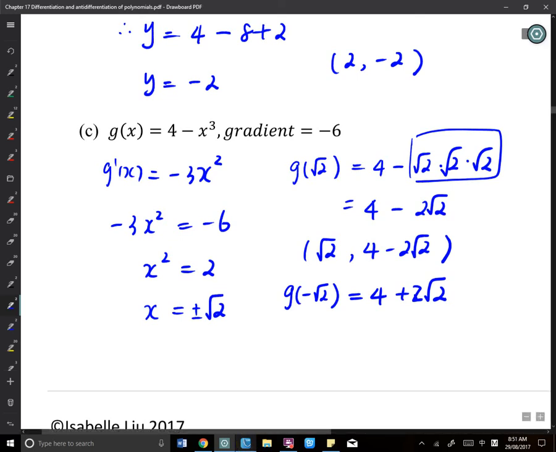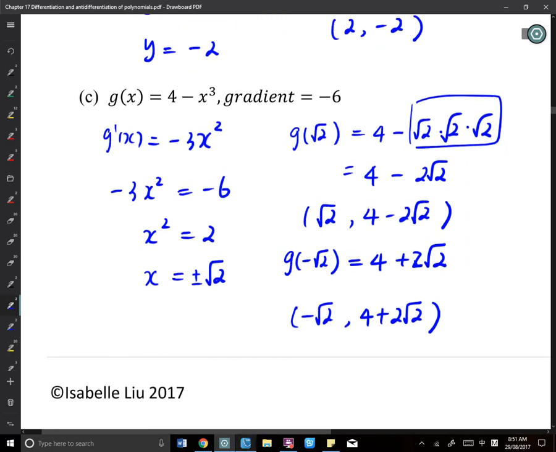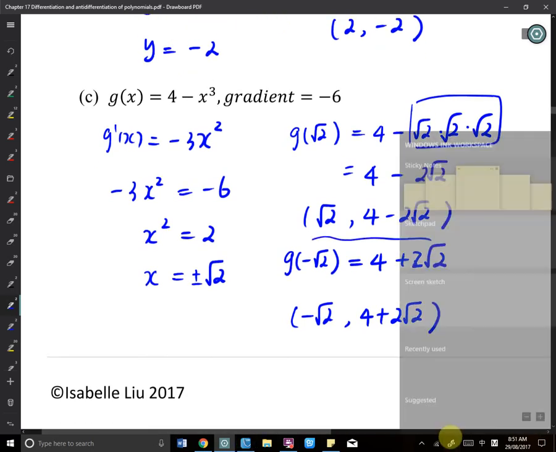So that is negative root 2, 4 plus 2 root 2. Okay, in answering, you need to answer for the coordinates.